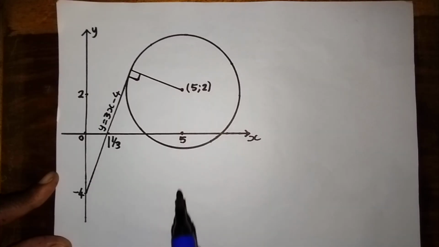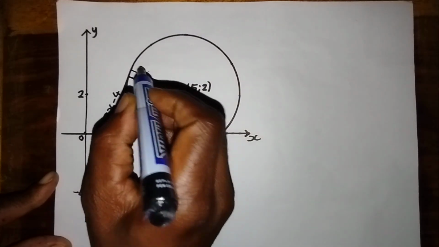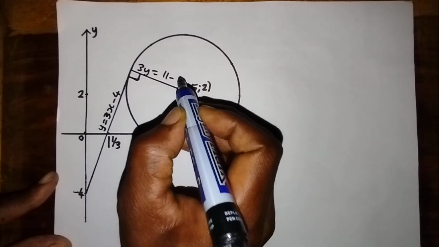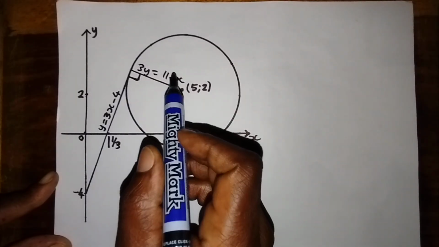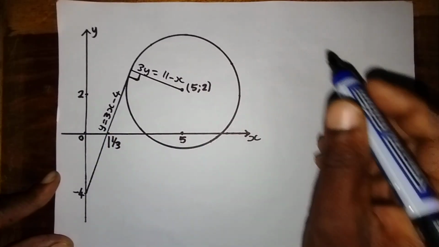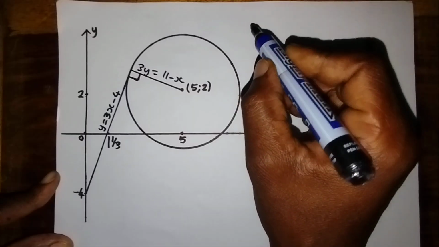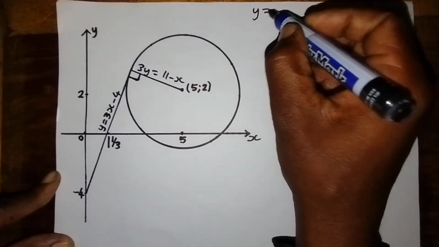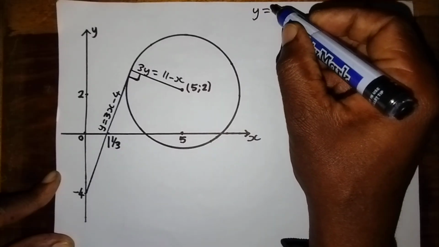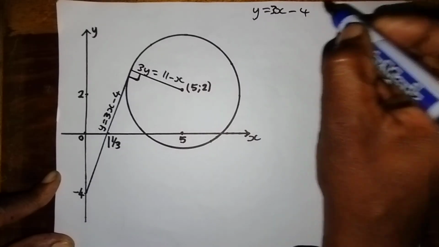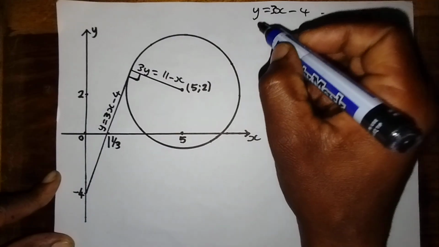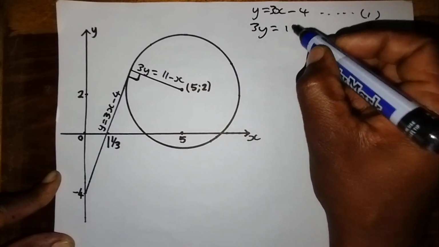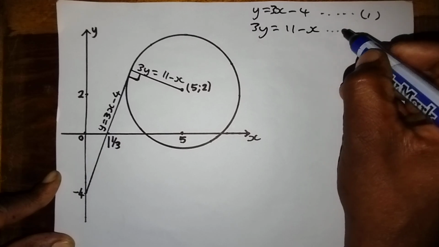So the equation of the radius is 3y equals 11 minus x, and I'm going to solve these two simultaneously. The first equation is y equals 3x minus 4, and the second equation is 3y equals 11 minus x.